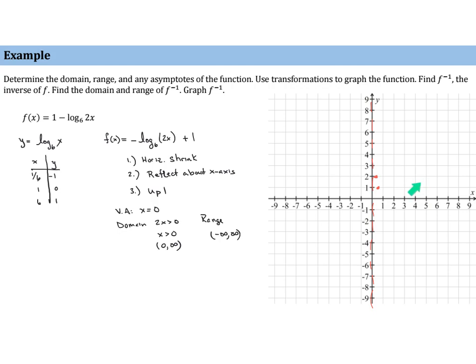We would shrink it, so that'd be 3, comma 1. Reflected about the x, so 3, comma -1, and then move it up 1, so we would have 3, comma 0. And so our function in this case is decreasing, but that's because of the reflection.